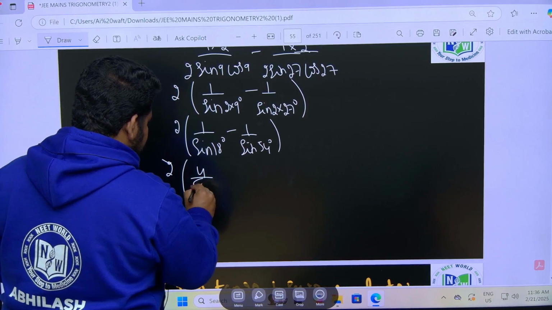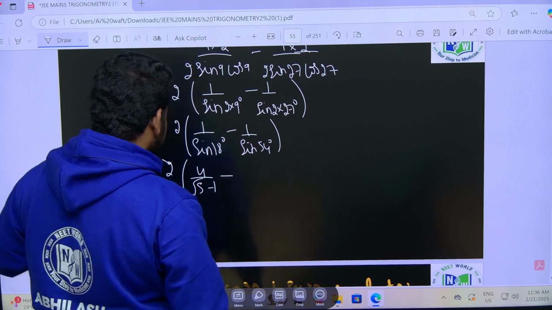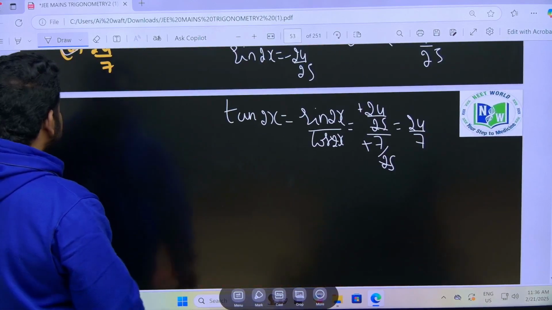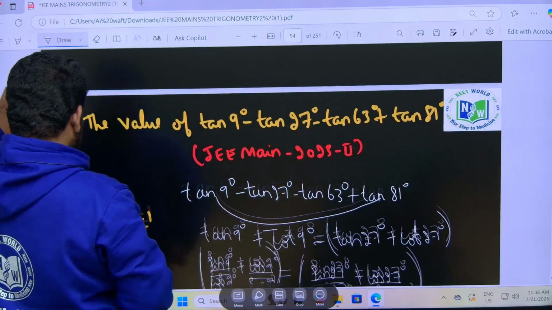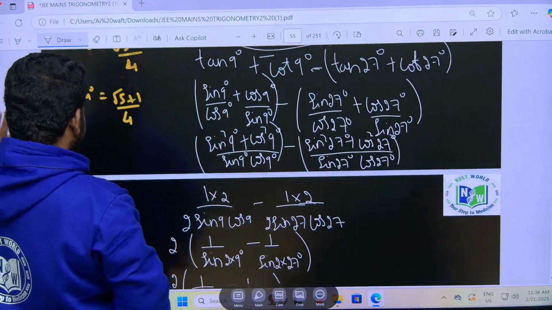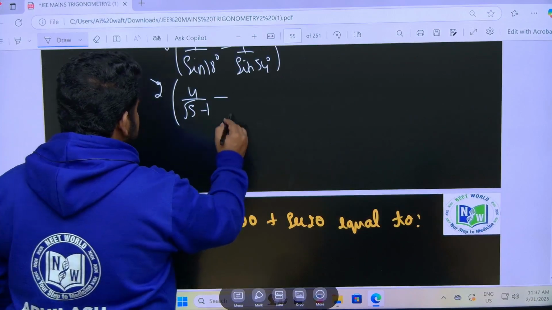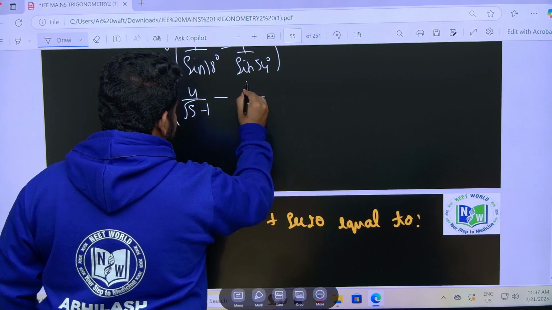This will be root 5 minus 1, minus sin 54 degree, which is root 5 plus 1 by 4, I think. Let us check it once. Yes, it is root 5 plus 1 by 4.